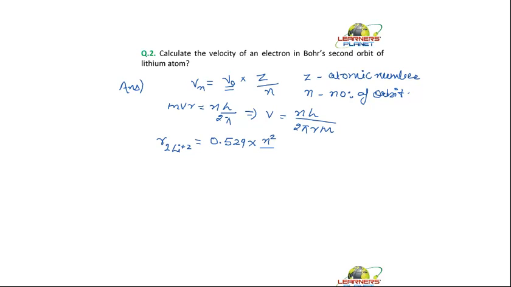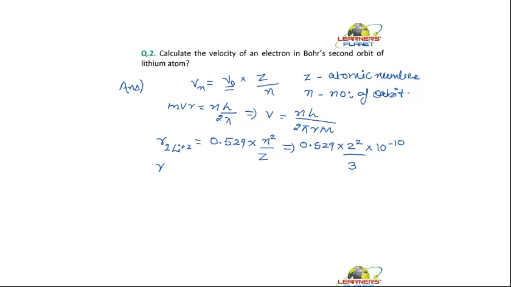It is n square upon Z. So this will give us 0.529 multiplied by 2 squared, divided by the atomic number. What is the atomic number of lithium? It is 3.